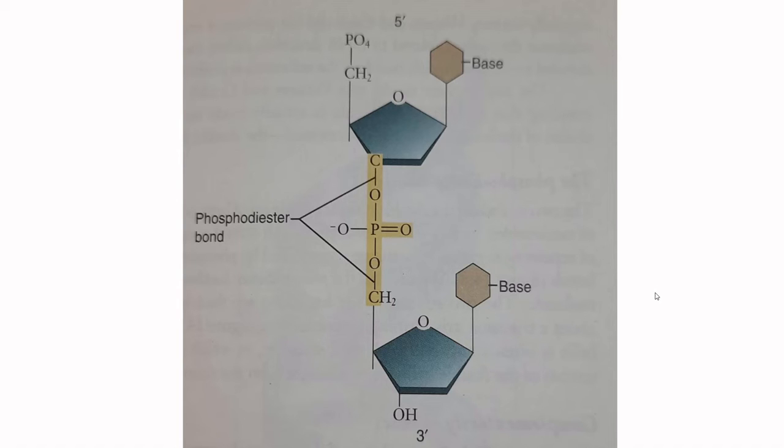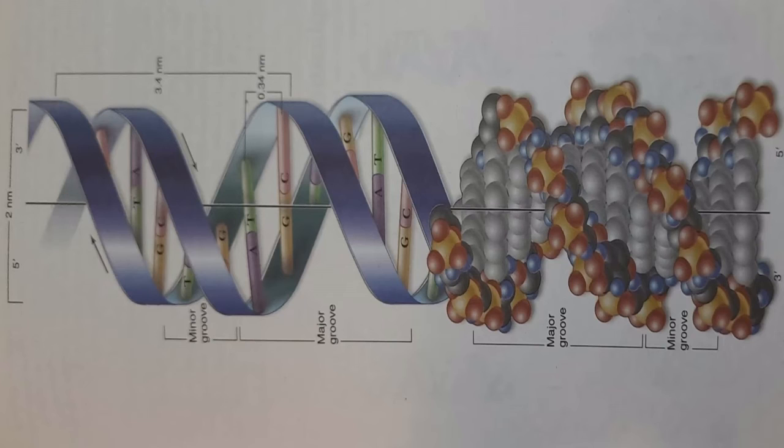Now this is the structure of double-stranded DNA, which was described first by Watson and Crick in 1953 using the X-ray diffraction data of DNA fibers obtained by Franklin and Wilkins. Watson, Crick and Wilkins were awarded the 1962 Nobel Prize for Medicine for discovering this molecular structure of DNA.